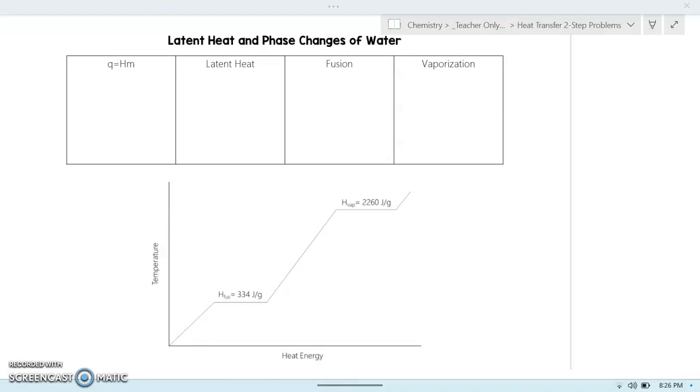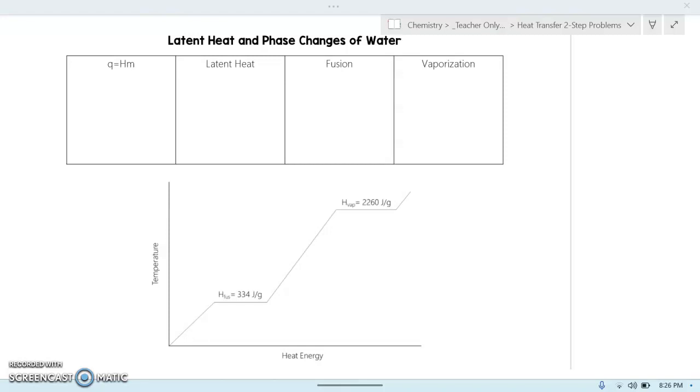However, lab data shows that there is energy even though there's no temperature change when an actual substance goes through a phase change, like melting or boiling. So we have a different equation, and instead of using specific heat, we use a different constant called latent heat, which has to do with the potential energy between the particles as they change from one state to another.